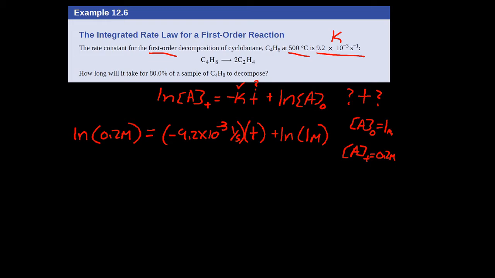Some of you might know just off the top of your head that the natural log of 1 is 0. So this is just going to go away, essentially. And so really what we're going to have is the natural log of 0.2 divided by 9.2 times 10 to the negative third.